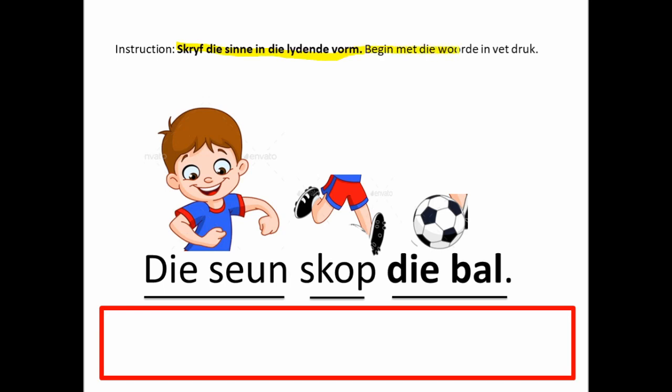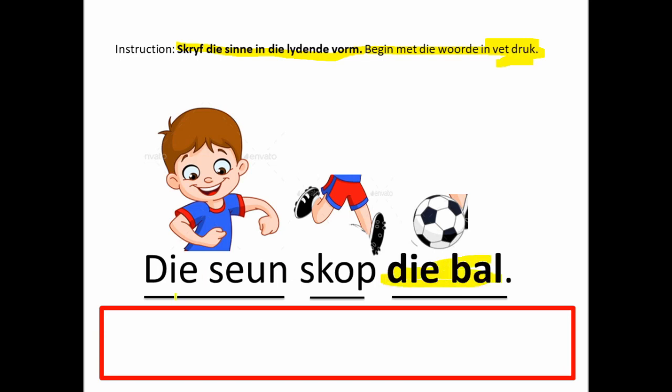Begin met die woorde in vet gedruk. So basically it just means you need to take the sentence that it will give you, and rewrite it in lydende vorm. And if you're lucky, they will tell you how to start the sentence, and they say start the sentence with the words in bold.